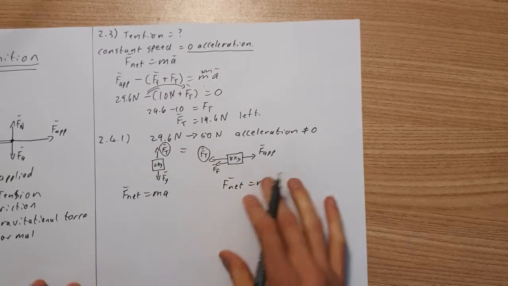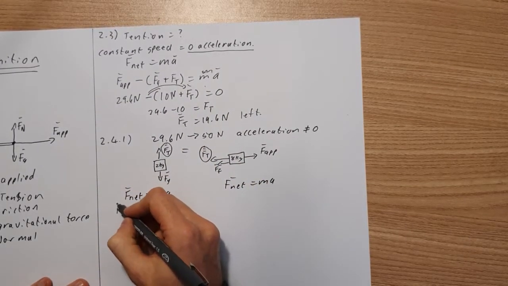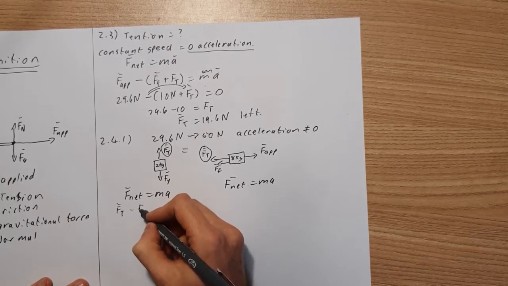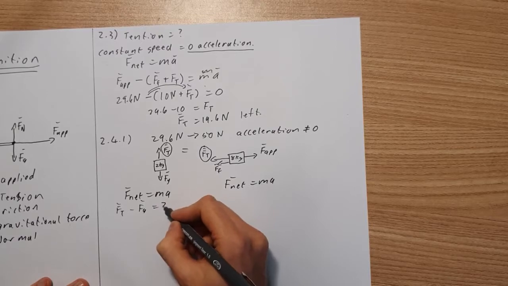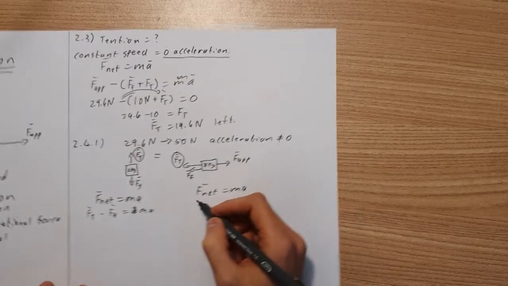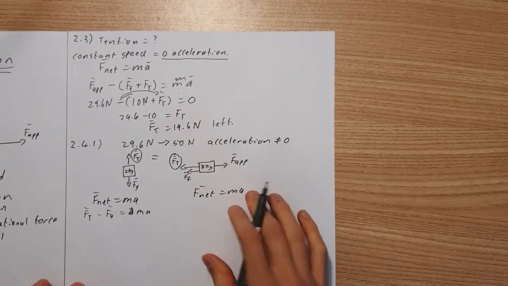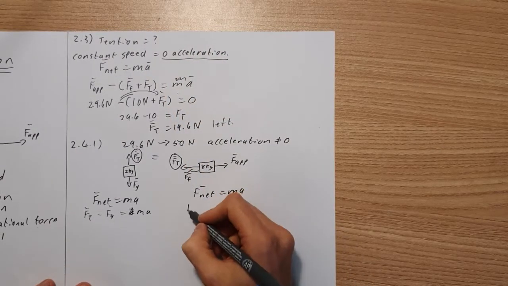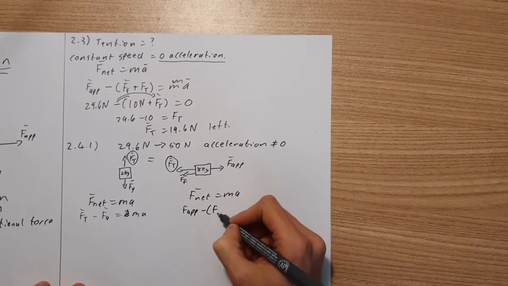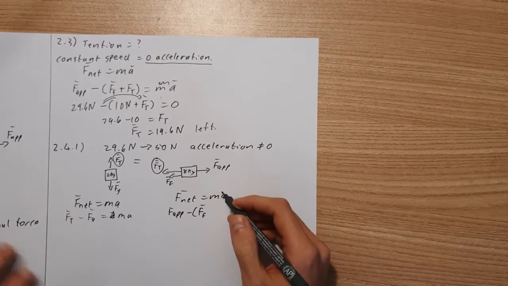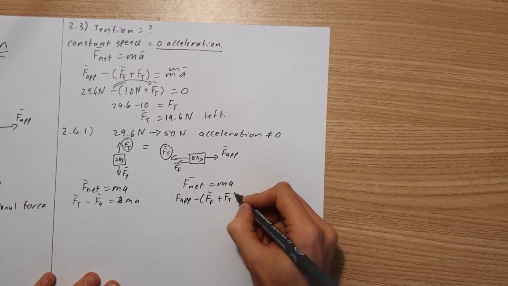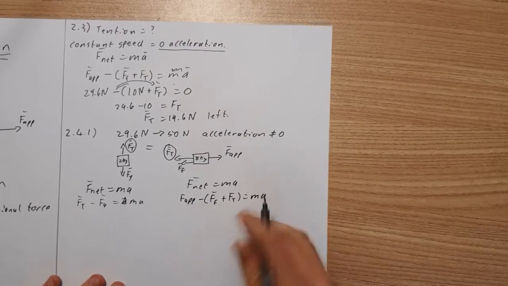For the 2 kilogram block we're going to have my tension force minus my gravitational force on the 2 kilogram block equals my mass times acceleration, and then the same for this side. It's going to be a repeat of question 2.3, so it's just going to be F applied minus F of friction, and then that's going to be plus F of tension equals mass times acceleration.